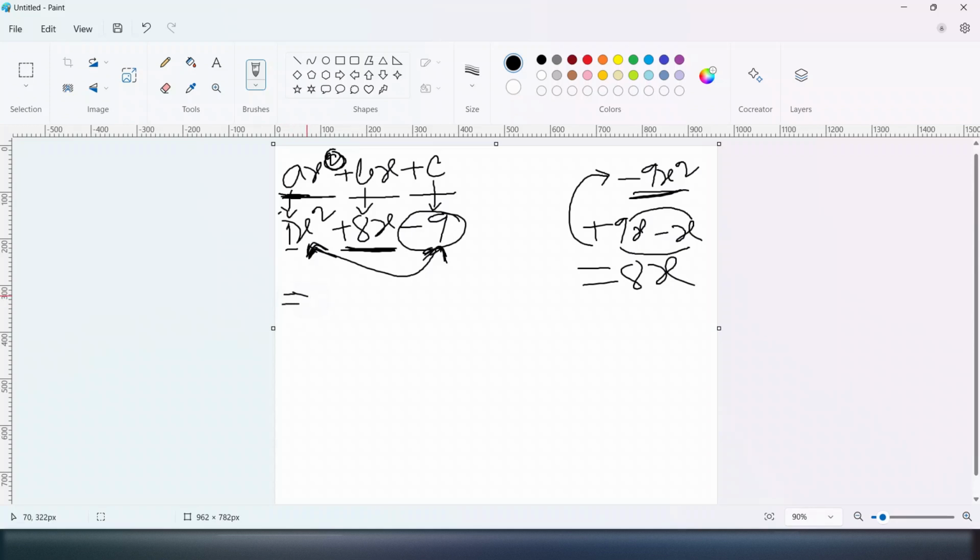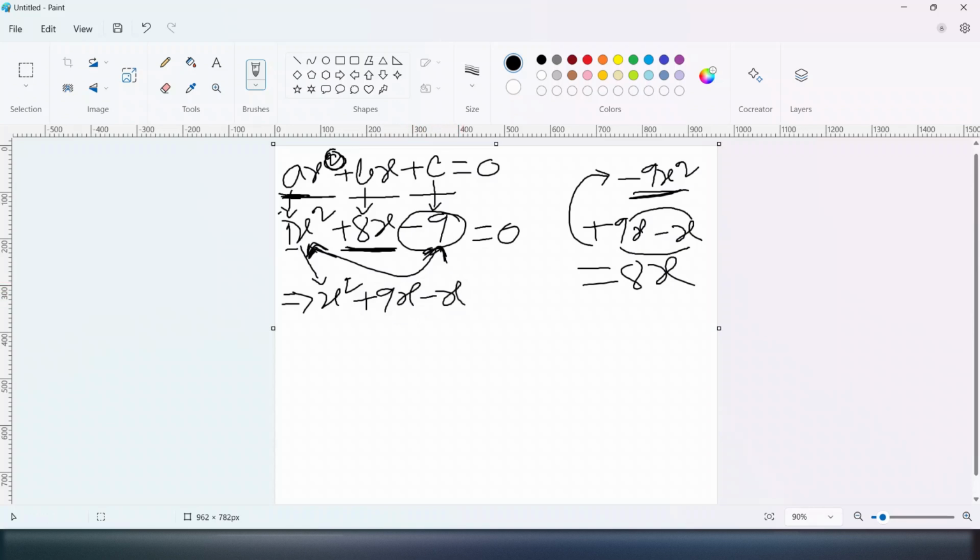So you can write this term as, let me add a 0 everywhere, so you can find the value of x. So you write x square, the first term from here, then you distribute plus 8x as plus 9x minus x, right?